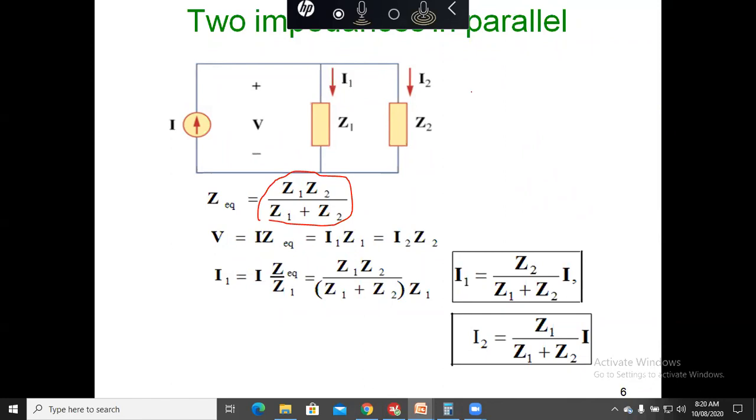And you can see that if we have 1 over Z1 plus 1 over Z2, we take the value of Z1 Z2, and we sum up Z1 plus Z2. And the reciprocal of this is the Z equivalent.